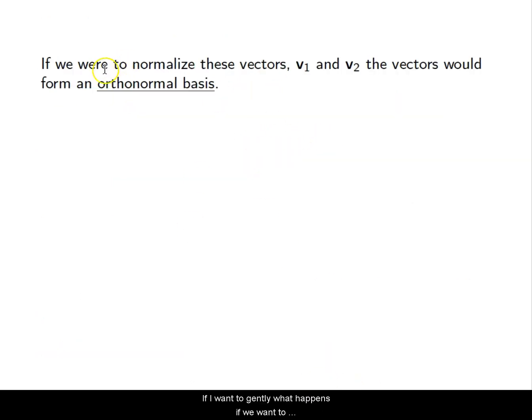And if I want to, generally what happens is we want to normalize these vectors v1 and v2, right? So what that means is if I have a set of vectors that are linearly independent, orthogonal to each other, and normal, I call them an orthonormal basis. An orthonormal basis is extremely important for a lot of the things that we want to do in linear algebra.